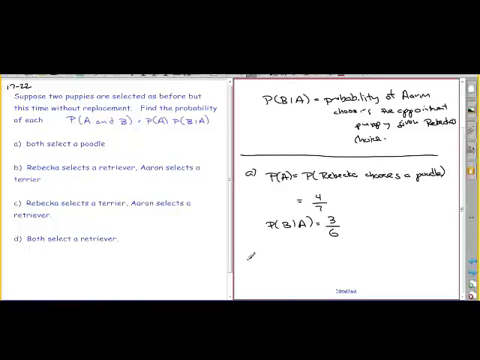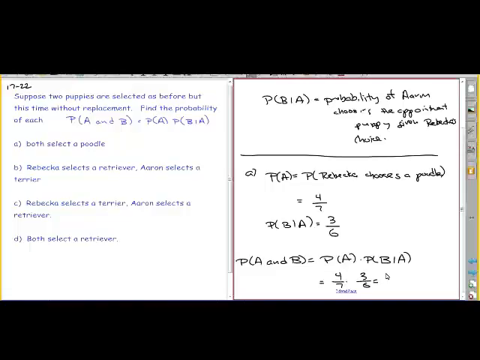So this probability changed based on the first choice.